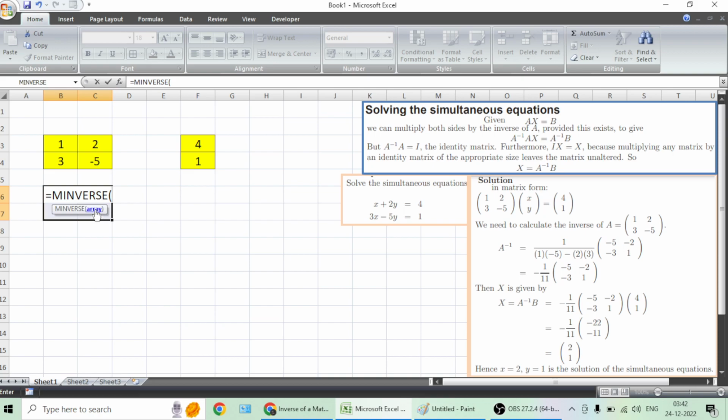Now which array is the question asking about? We go for this array. Now the catch is you have to press Ctrl Shift and Enter so that you get the correct answer. If you notice, a curly brace is placed.